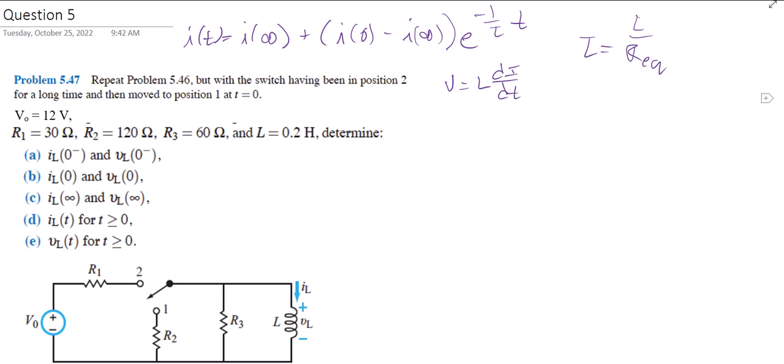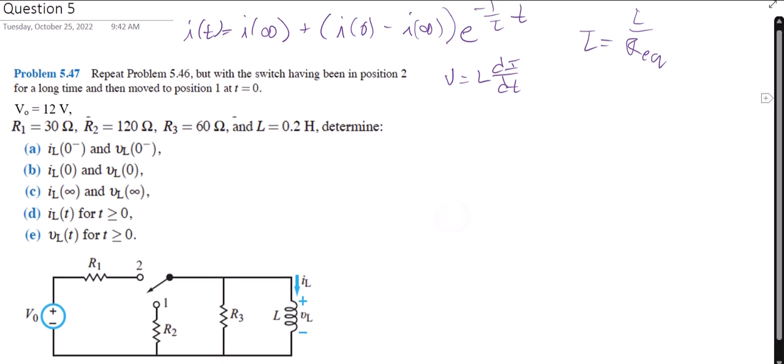All right, and so it says the switch was in position 2 for a long time. Oh, and then also to remember, for inductors, it's current that can't change at 0. So we're looking for current at 0 minus. That will tell us what current at 0 is. But voltage can change instantaneously.